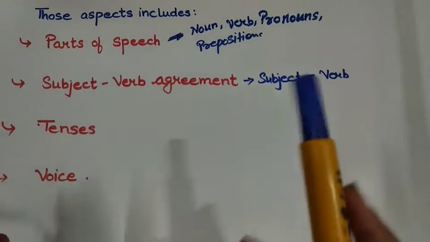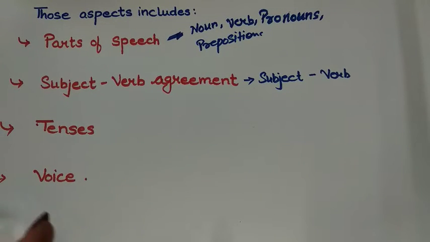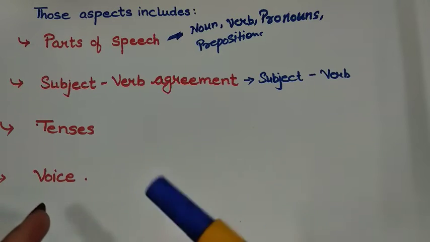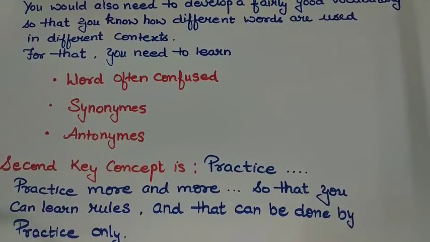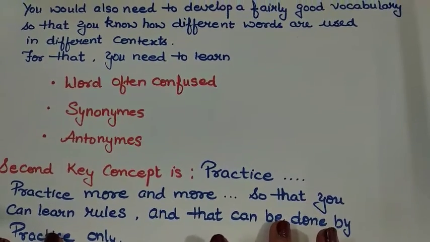Once you are aware of the structure of the sentence, it will become easy for you to find the error. And of course, the main thing is vocabulary. You would also need to develop a fairly good vocabulary so that you know how different words are used in different contexts.